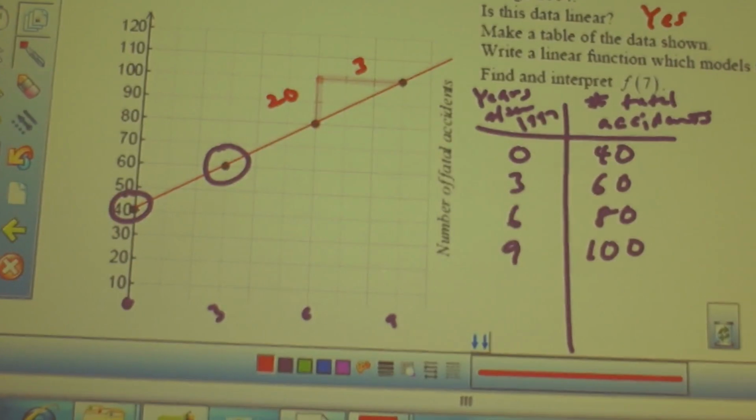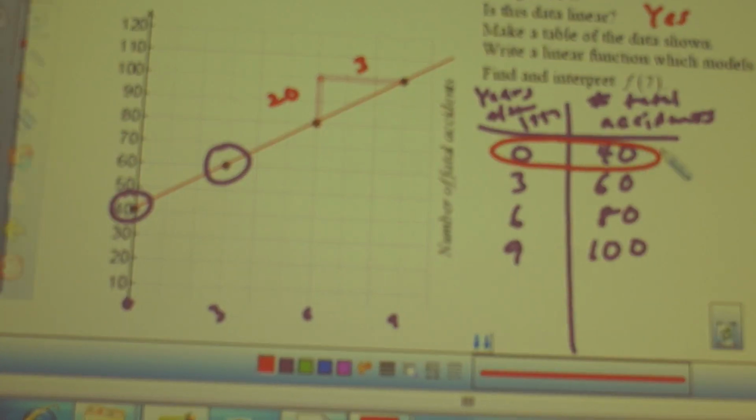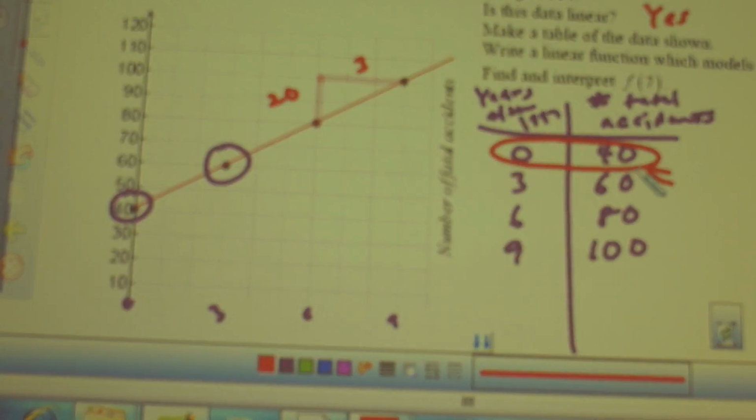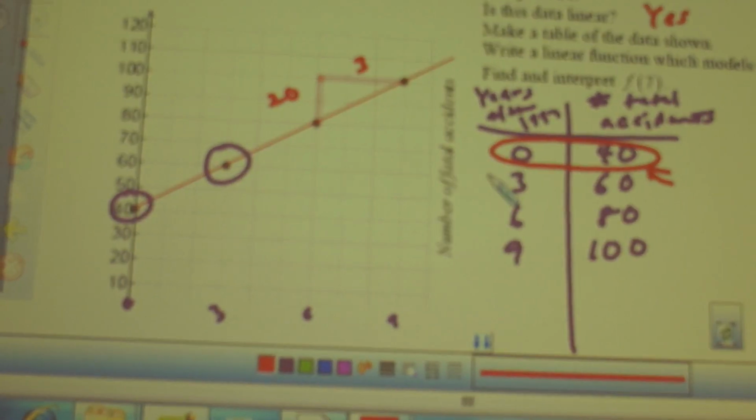All right, I can take that, I can throw it into my function here. But I also need to find my b, my initial amount. So when x is 0, y is my initial amount. When x is 0, that means when time is 0.